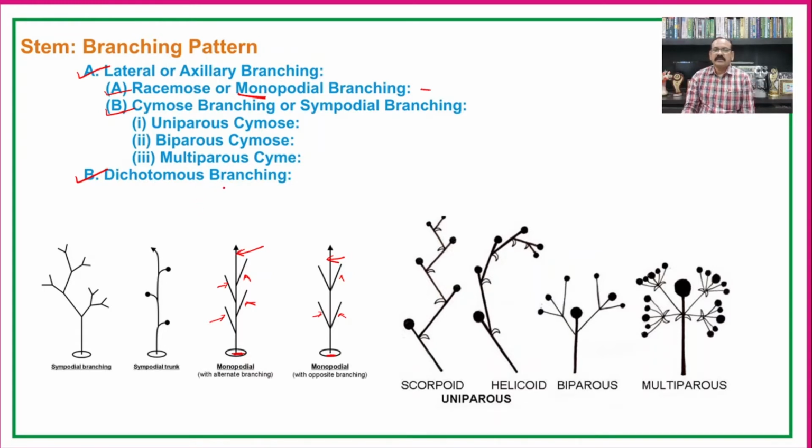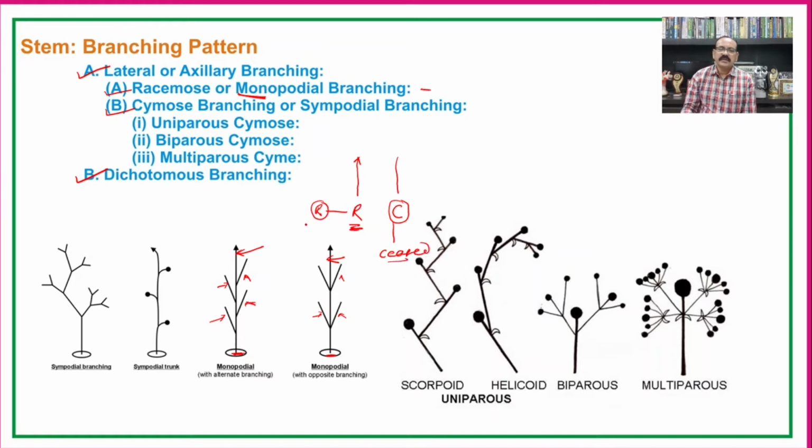If we see racemose and cymose together, just consider R for racemose and C for cymose. R for regular growth and R for racemose; in a similar manner, C for cymose and C for ceased.